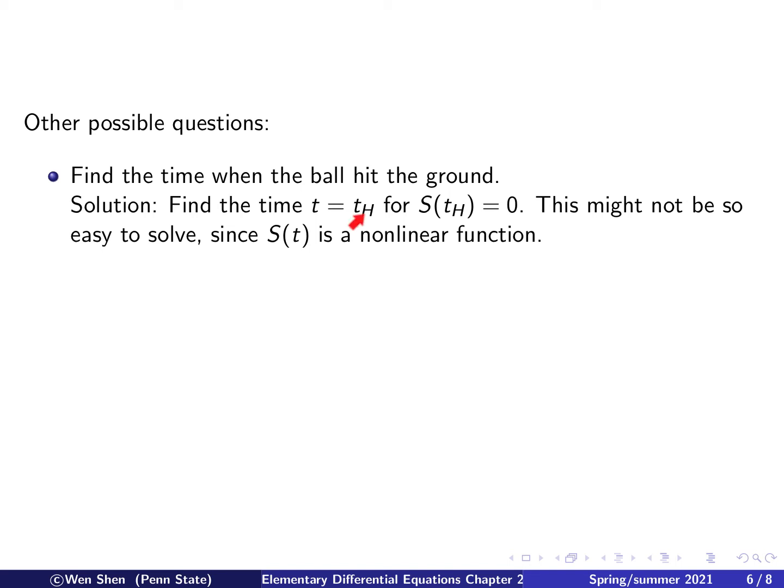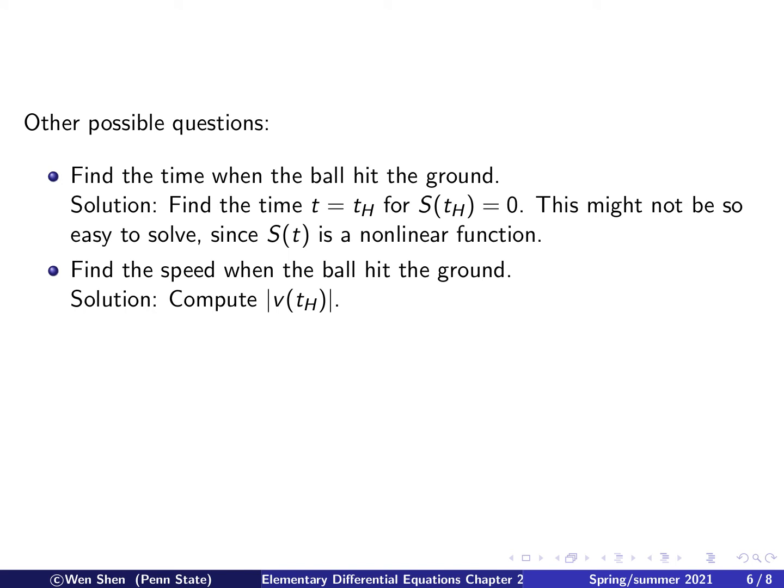At the time the ball hits the ground, s evaluated at that time shall be 0. And then we can be tempted to solve this equation. But then this s here is a nonlinear function, so it might not be so easy to solve it exactly. But it's a way.